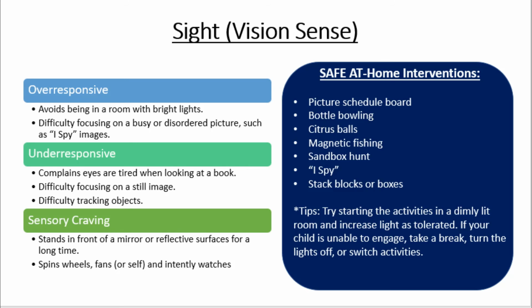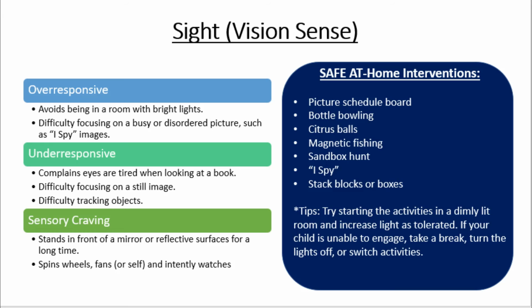They may have difficulty focusing on a still image or have difficulty tracking objects as they move. Kids who are sensory craving for the vision sense may stand in front of a mirror or reflective surface for a long time, and they may like to look at spinning wheels, fans, or spin themselves and intently watch that.